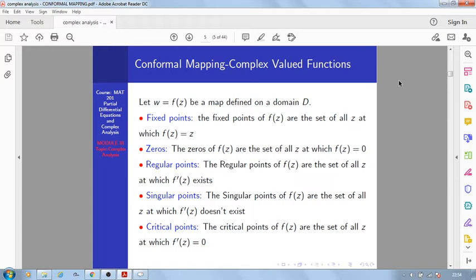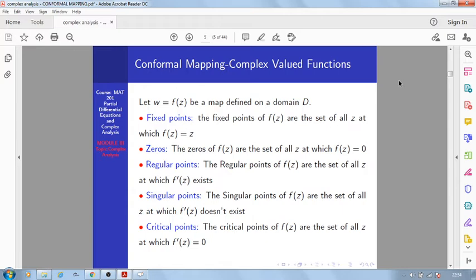Now regular points are points where the function is differentiable. So if z is a regular point, that means f dash z exists. And singular points are the opposite of regular points. That is, at a singular point, f dash z will not exist. So the set of all points at which f dash z doesn't exist is called singular points.